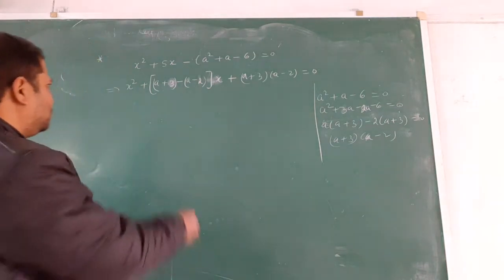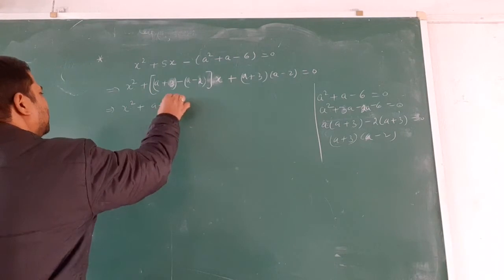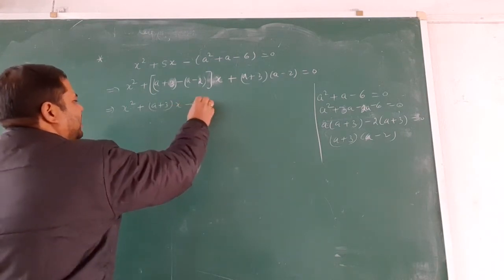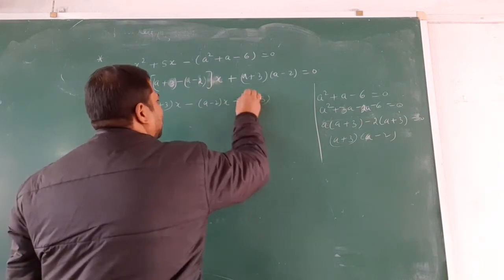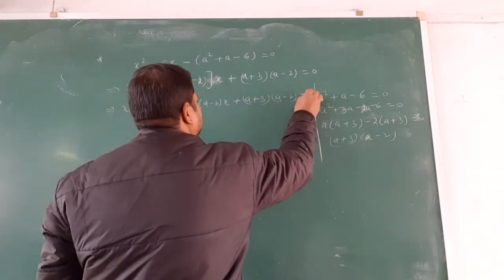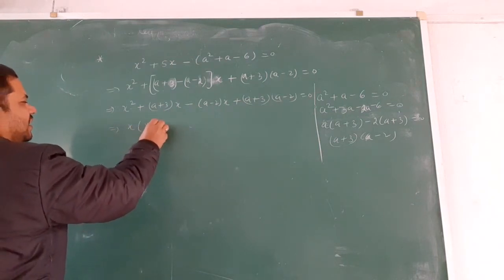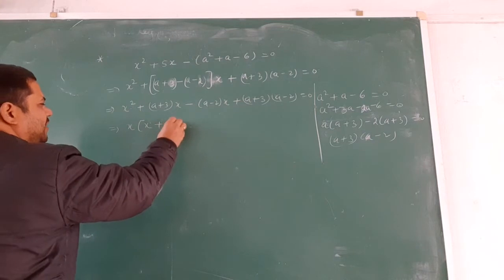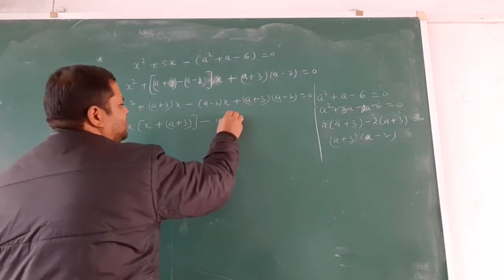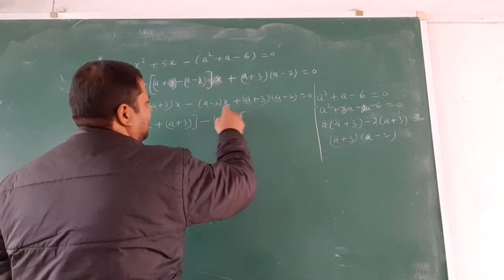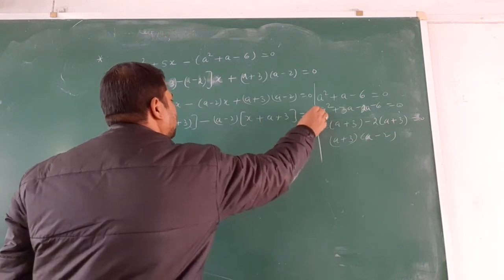Okay, so this is nothing but x square plus a plus 3 into x minus of a minus 2 into x plus a plus 3 into a minus 2, and this is equals to 0. If you take x common, then x plus a plus 3, and if you take common a minus 2, this is again x plus a plus 3, so this is equal to 0.